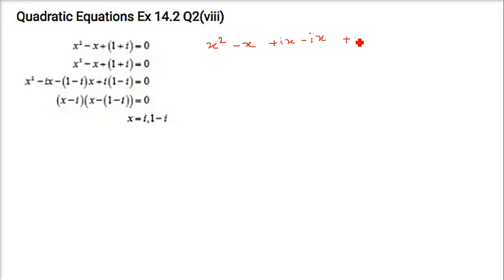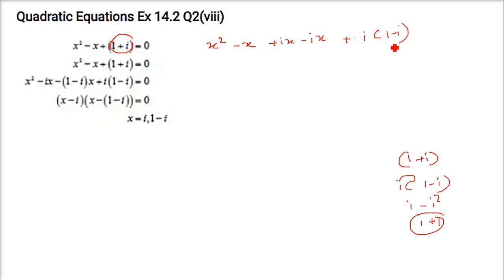And then plus this 1 plus i. If I write i into 1 minus i, what do I get? See, i goes inside, minus i square. i square is minus 1, so this becomes plus 1. So i plus 1. For i plus 1, I can write it as i into 1 minus i.